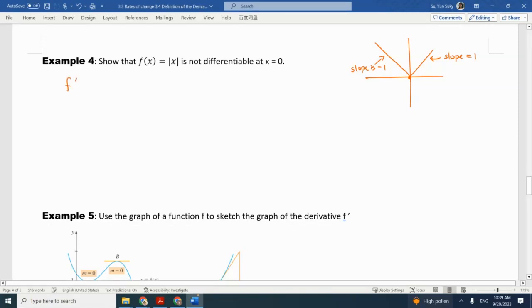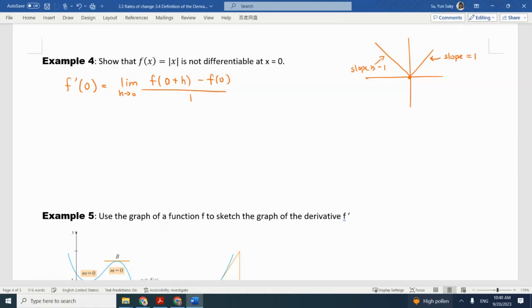This is how you prove it. The derivative at 0, by definition, is f of 0 plus h minus f of 0 over h. Is that okay, everybody? This is the definition. And what is this? f of 0 plus h is the same as f of h.